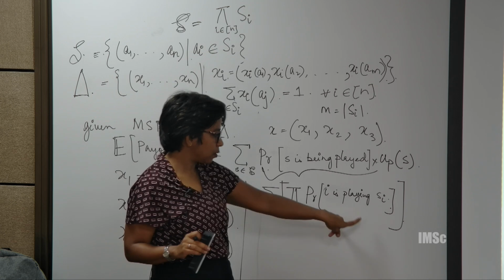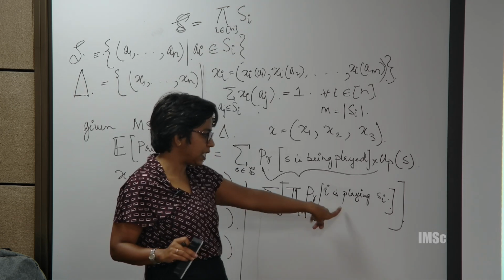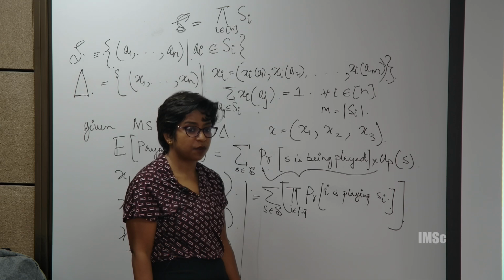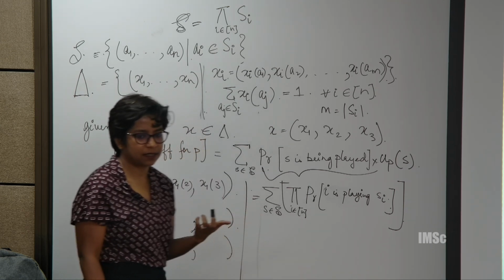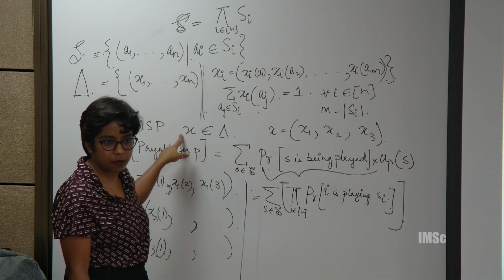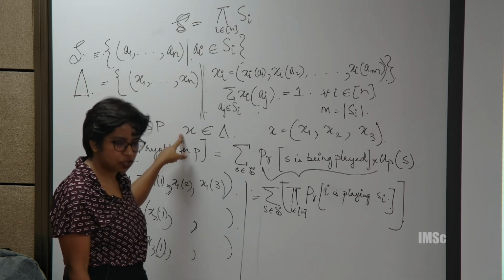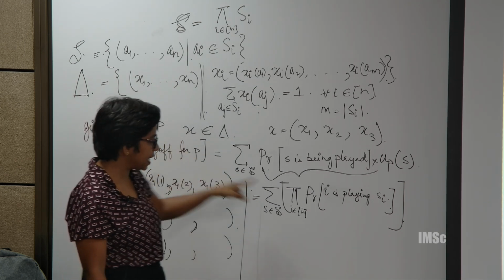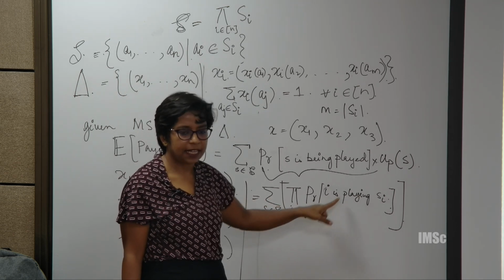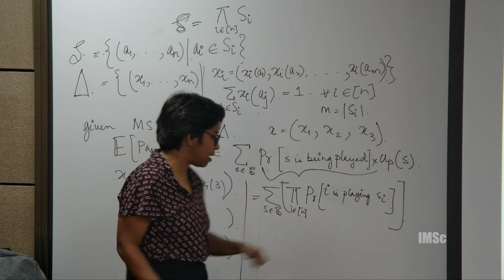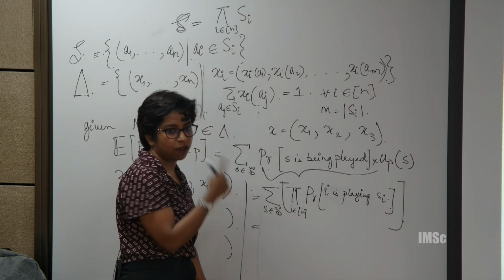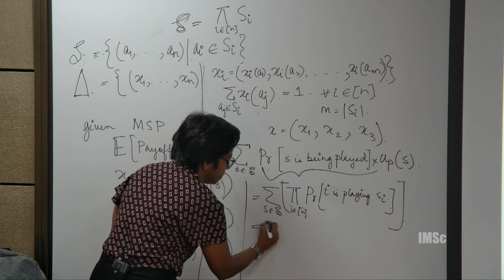Do I know how to compute this value? Probability i is playing Si. It comes from where? Correct. Because this whole thing is with respect to x, right? The vector of distributions x. So, x tells me that under x, what is the probability that this individual i is playing the strategy Si, and where will I get this value? Basically, the Si-th coordinate of xi. Okay, that's it.